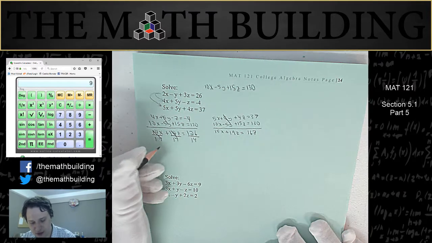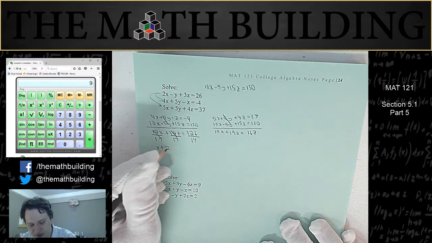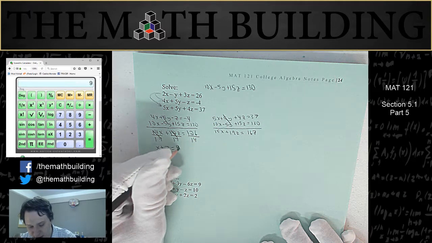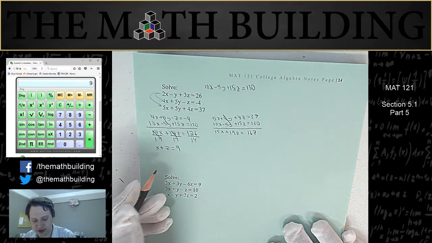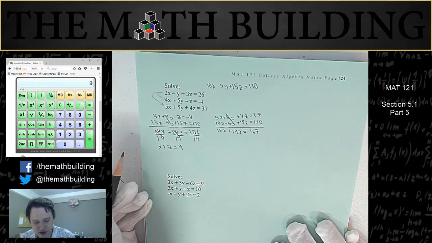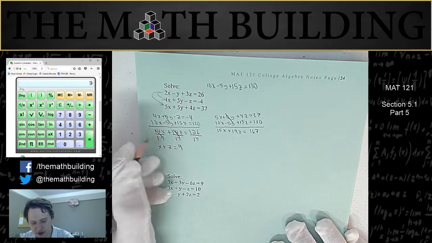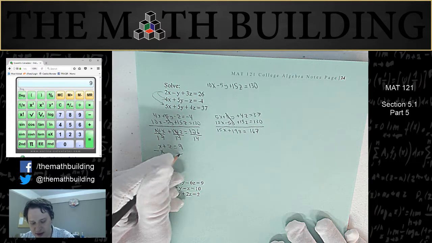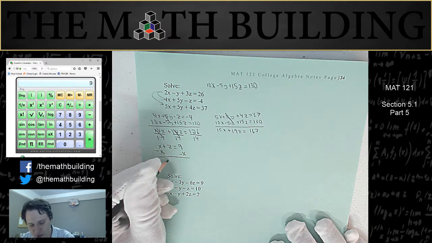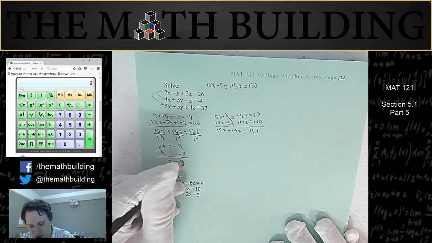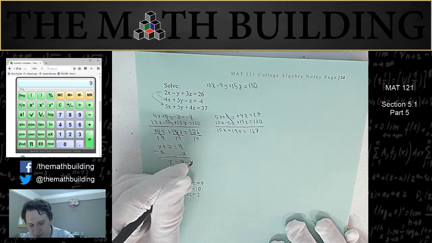And those cancel. So I get x plus z is equal to 9, because 126 divided by 14 is 9. And now we can solve it for x or z. So let's solve it for z. So minus x. So I get z is equal to 9 minus x.